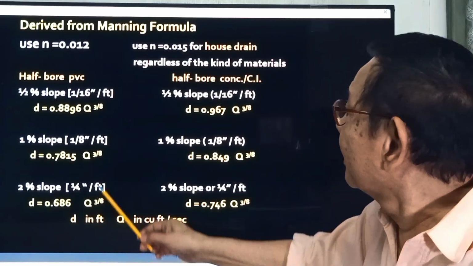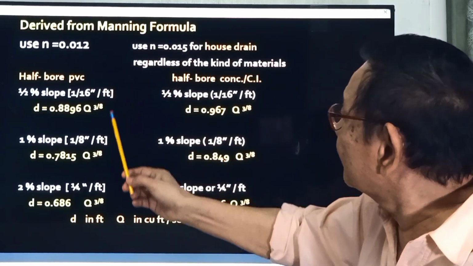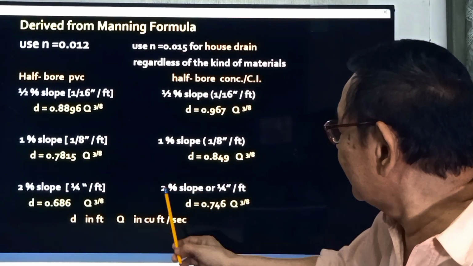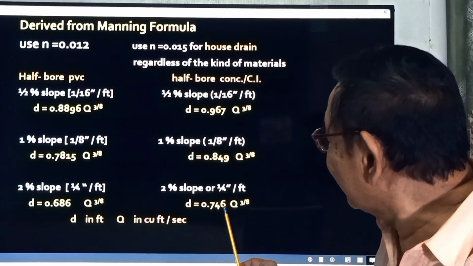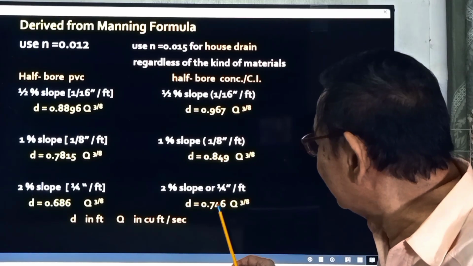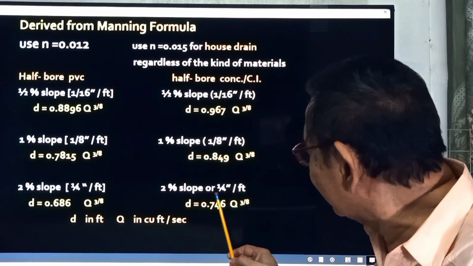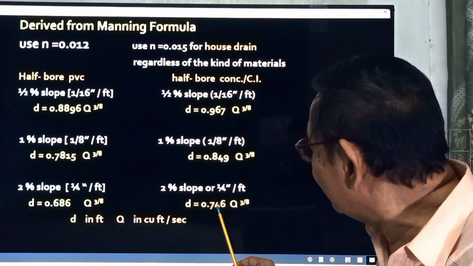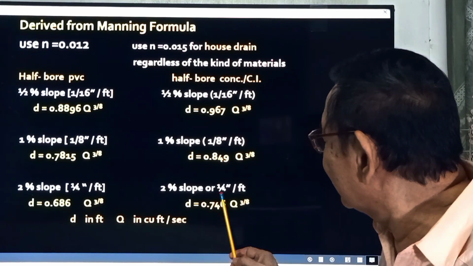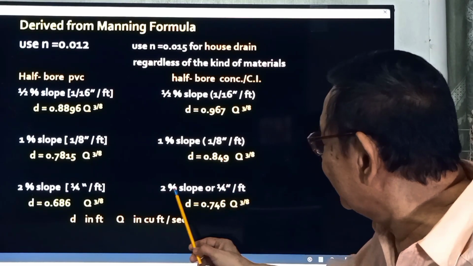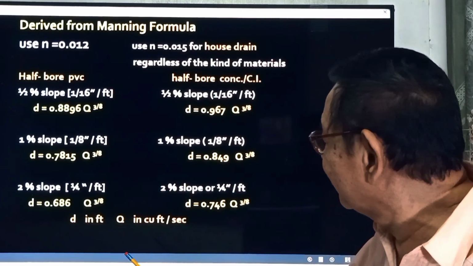Okay? So the formula derived from Manning's, this one here, last time we did this, if the slope is really 2%, not 1/4 inch, this is 0.74 only if 1/4 inch per foot. This is 2.08%.